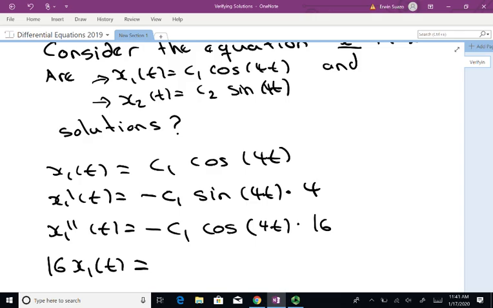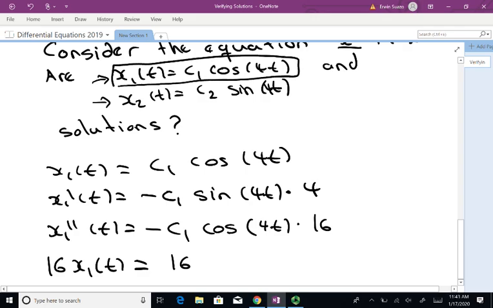Negative or positive? So it's 16 times x1 of t, and this is c1 times cosine 4t. Yes or no? That's my x1 of t.